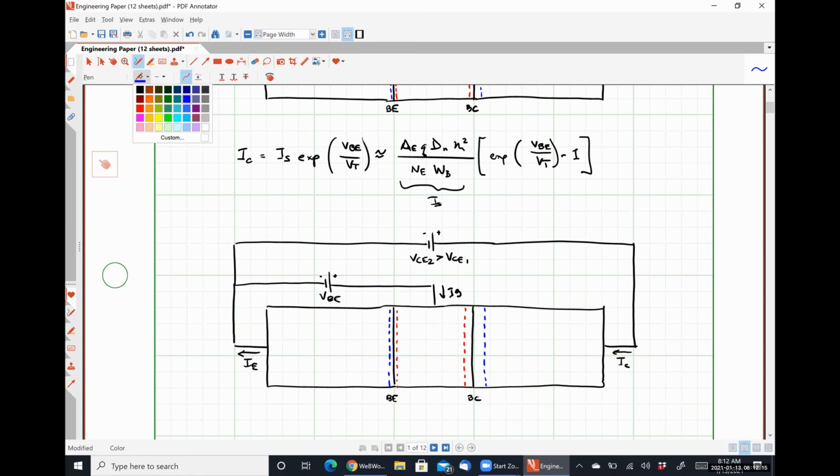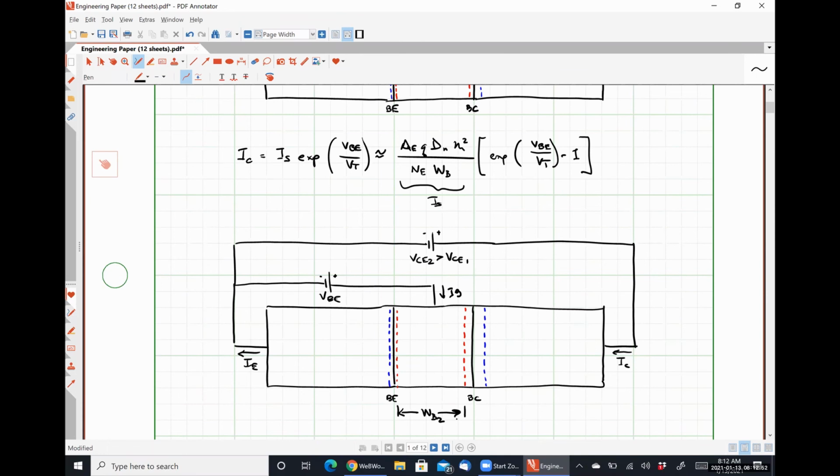Well, what's happened here is that the width of our base has gotten smaller. And if the width of our base gets smaller, what should happen to IS? Well, let's call it WB2.